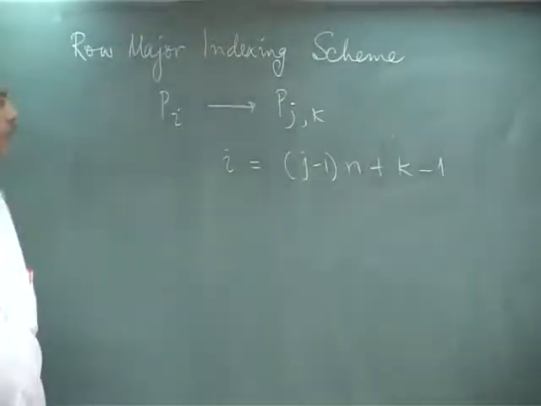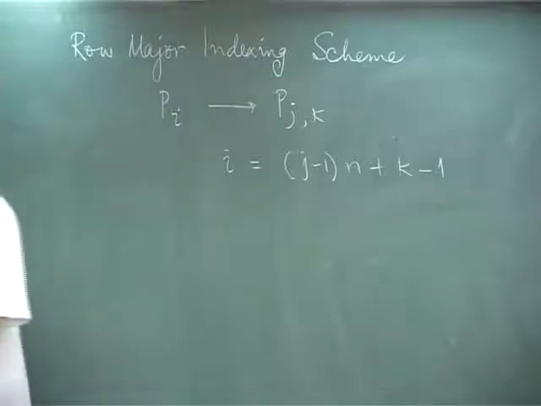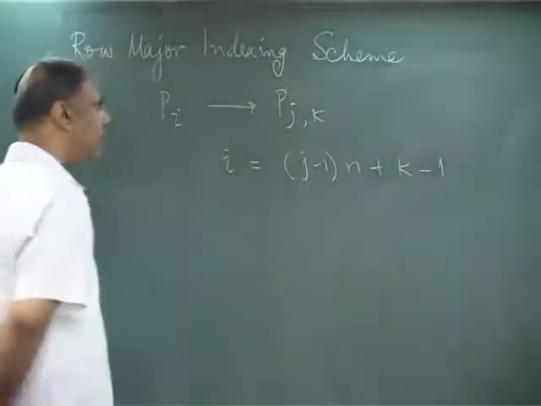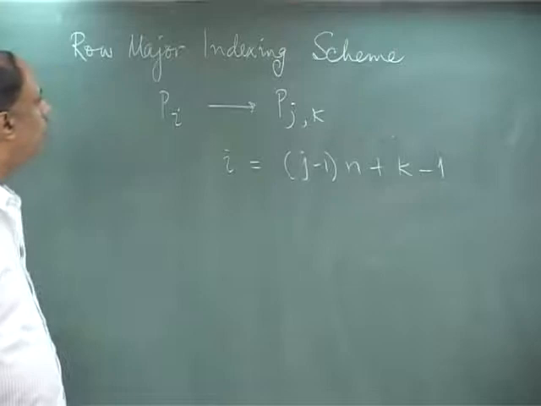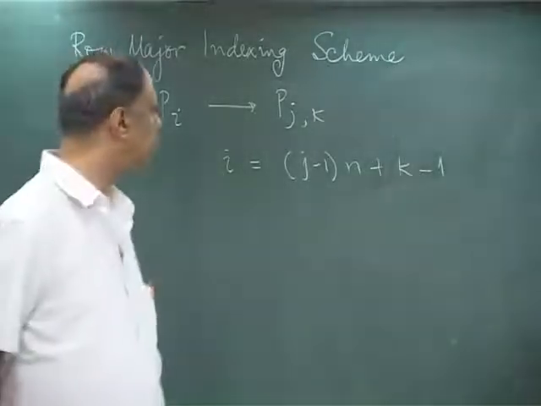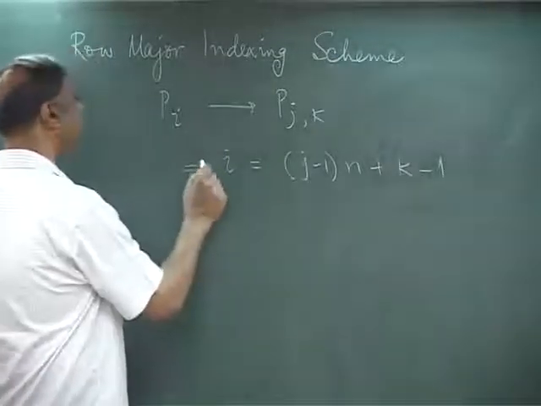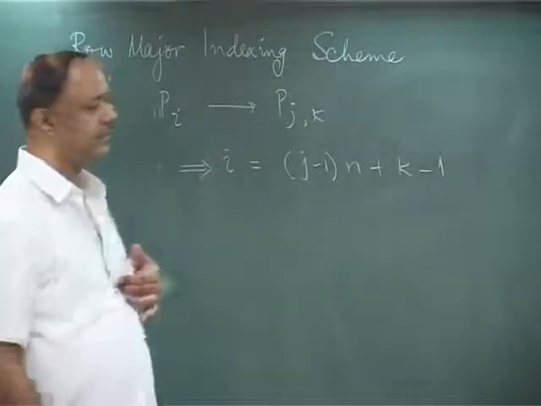That is, when j is equals to 1, k is equals to 1, then it becomes 0, i is equals to 0. Then when j is equals to 1, k equals to 2, it is 1, and when j equals to 2, k equals to 1, that is 4, and so on. So this is the relationship between i and j and k.